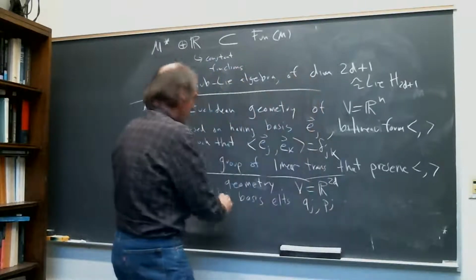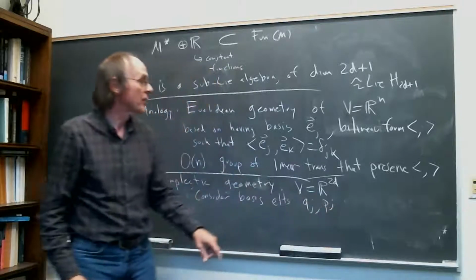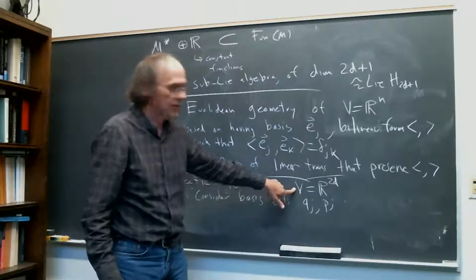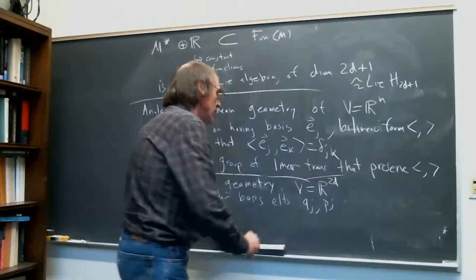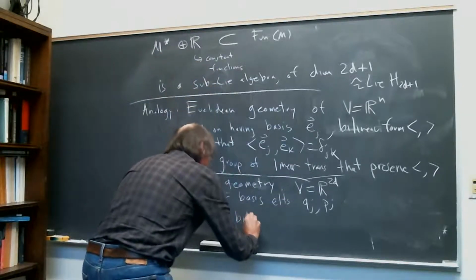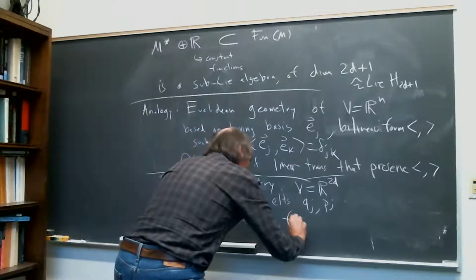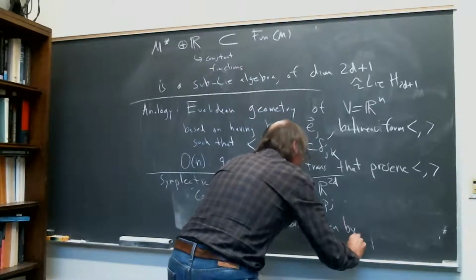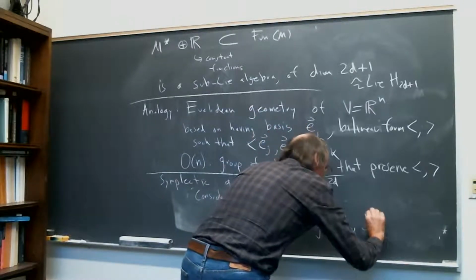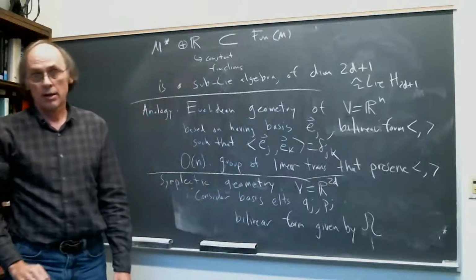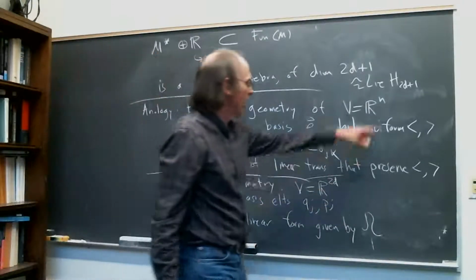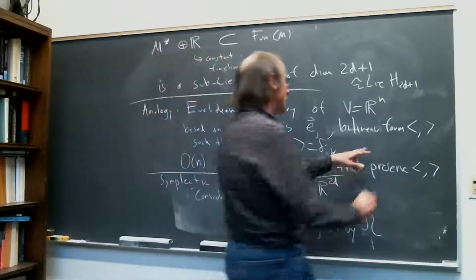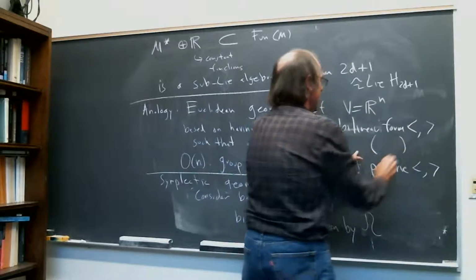Let's consider these basis elements, and then we're going to consider a different bilinear form on this vector space, the bilinear form given by omega. If you write this out in coordinates, it's going to be a matrix.